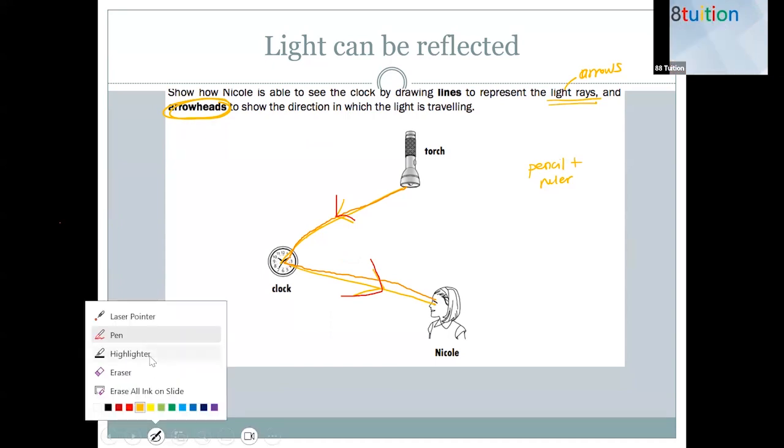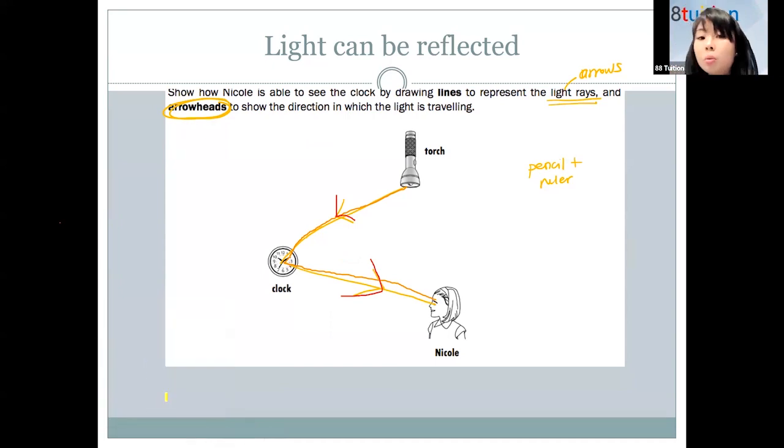I'm going to highlight this part. Can you all draw the arrows in your worksheet and the lines? If possible, use a ruler and pencil. The light must touch the light source. It must touch the object that is reflecting, at the same point reflect off, and you must enter the person's eye. So this is very important. Okay?